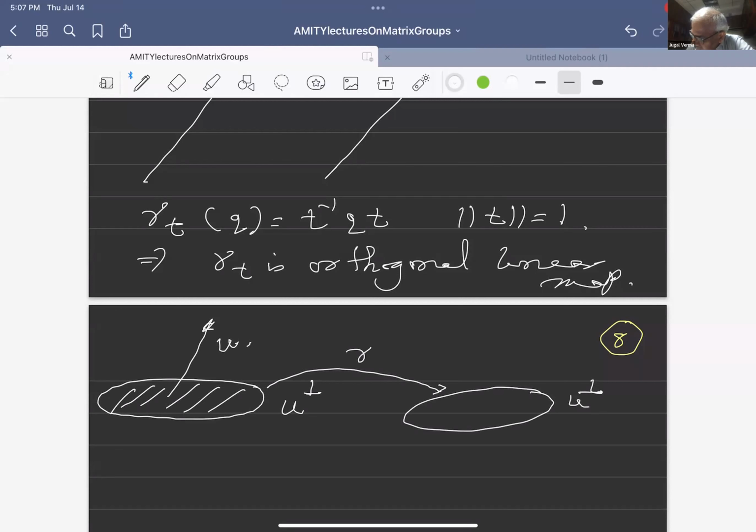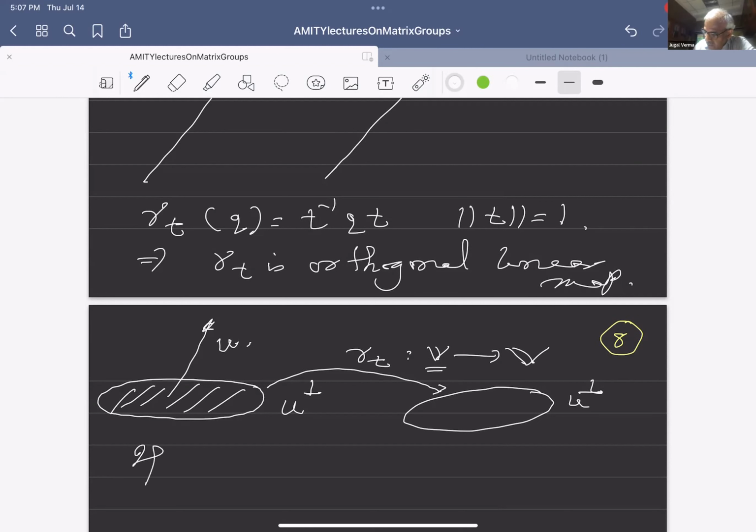Gamma t is a map from V to V, the space of imaginary quaternions, and u perp lives inside it, a plane inside this three-dimensional space. I want to show gamma t will map vectors which are perpendicular to u to vectors which are perpendicular to u.